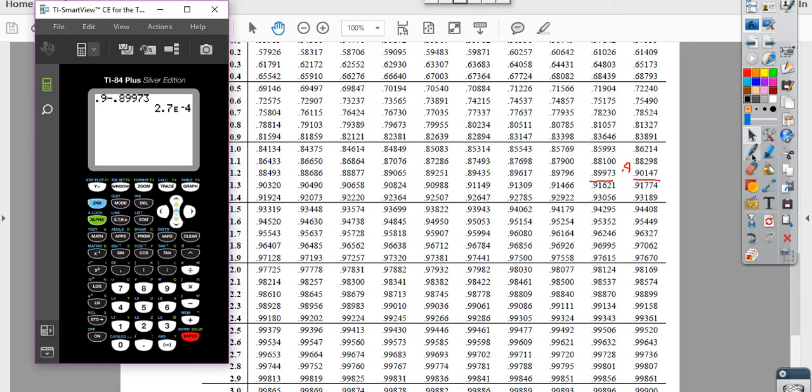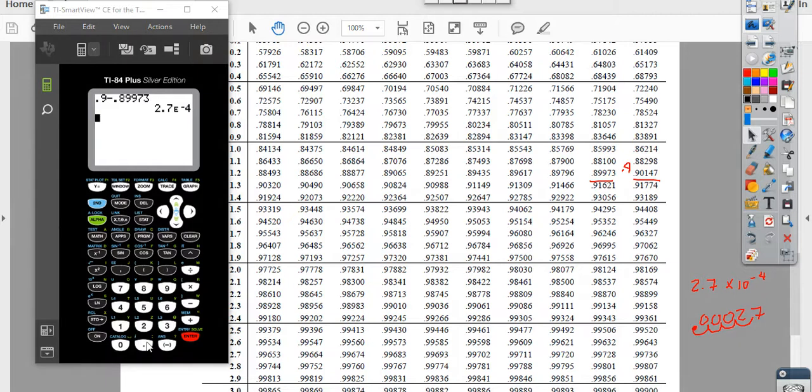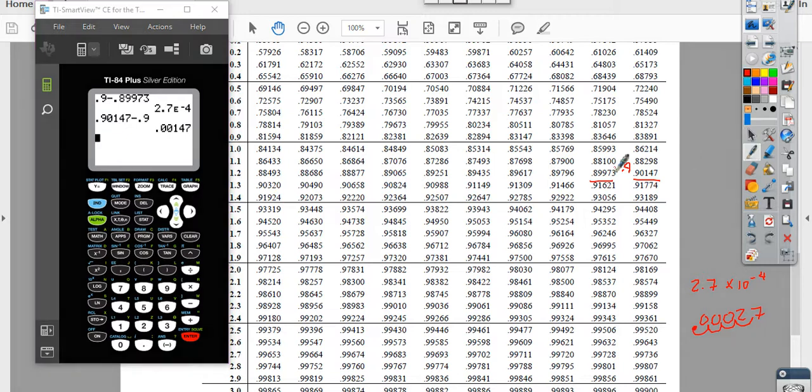So remember, translate that into English for us, and that's going to be 2.7 times 10 to the negative 4, which essentially means that I have 2.7. I go 1, 2, 3, 4, fill those up with zeros. Then my second one will be 0.90147 minus 0.9, and we get 0.0147, which shows us that that guy is actually closer.